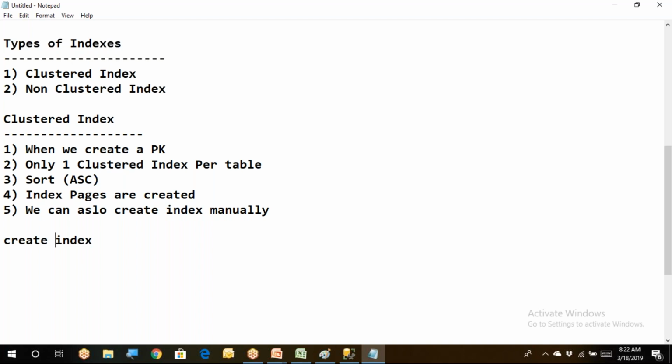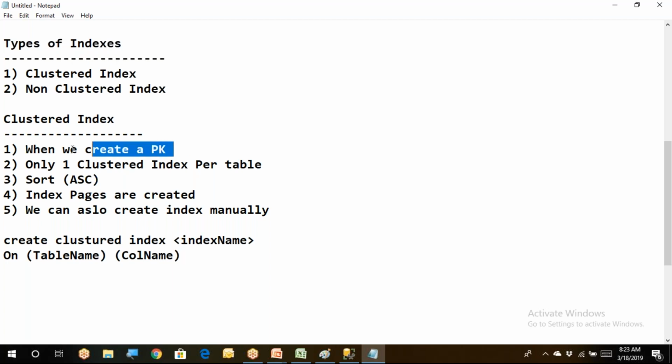You can say create clustered index, then you write the index name, then you put the table name and the column name: on the table name, and on which column you want to create it.